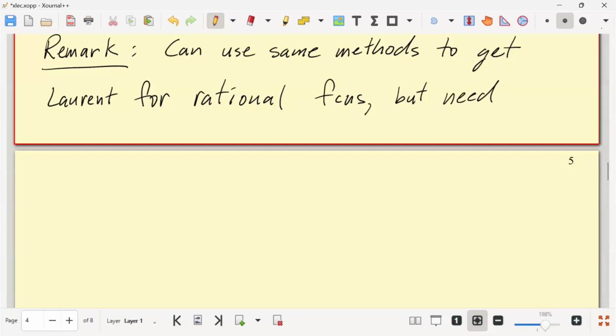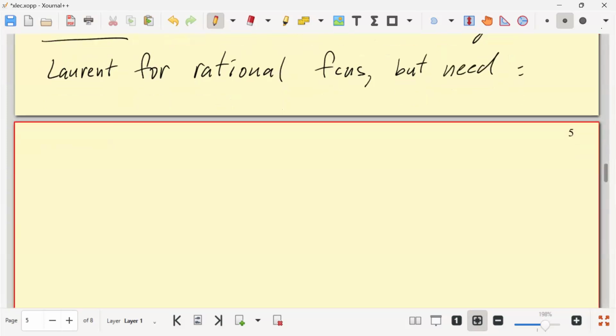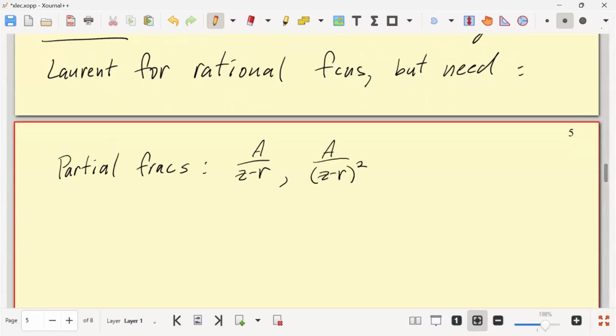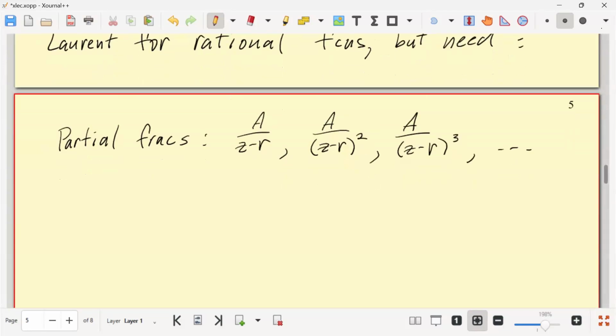I'll say what you need. When you get partial fractions, you might get terms like a over z minus root, but you might also get terms like a over z minus root squared, or a over z minus root cubed, etc. And so you have to do this same trick for those.